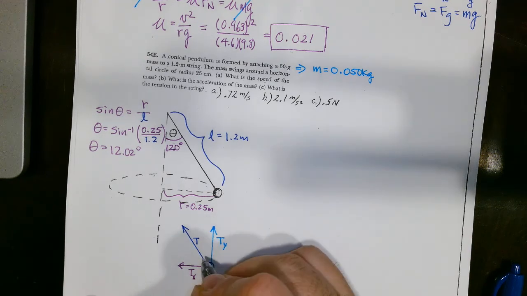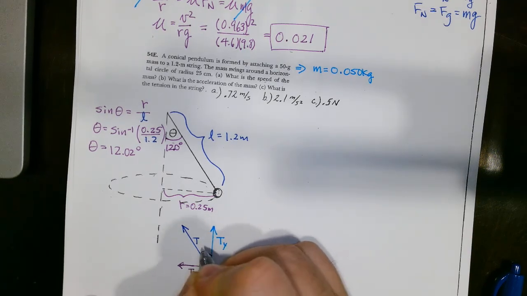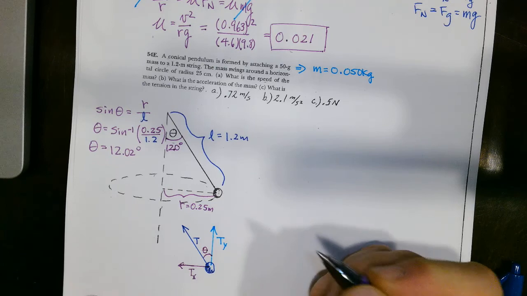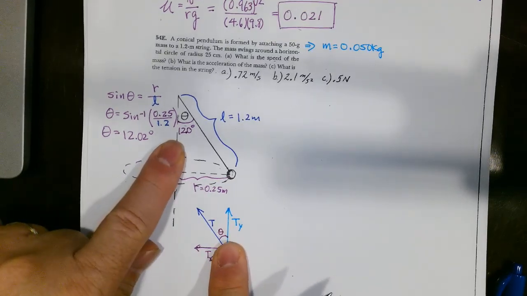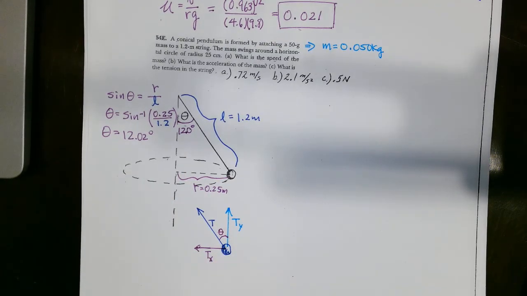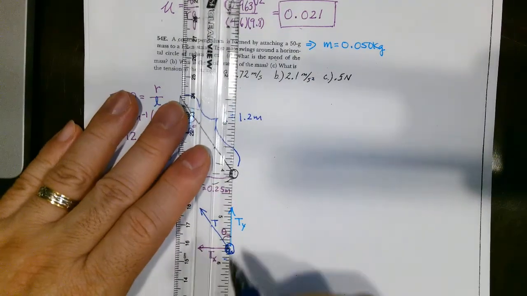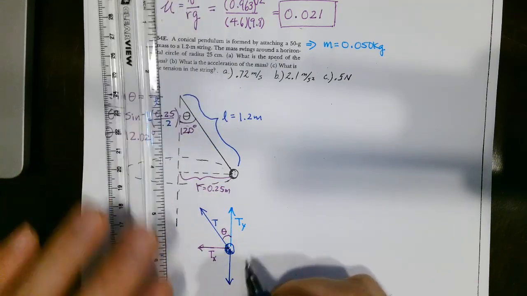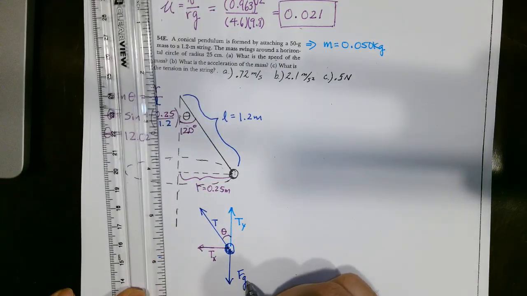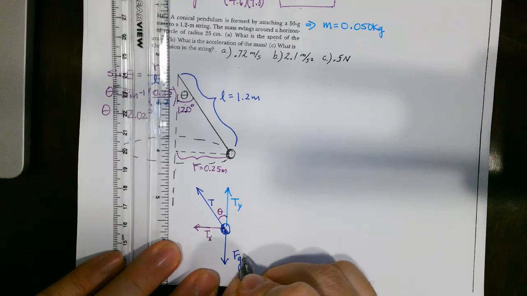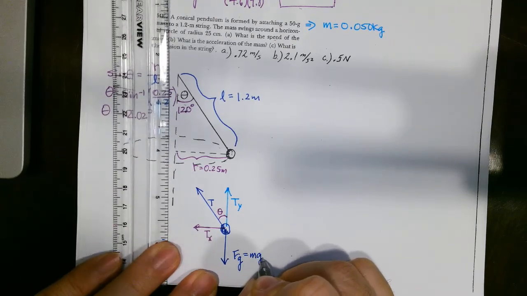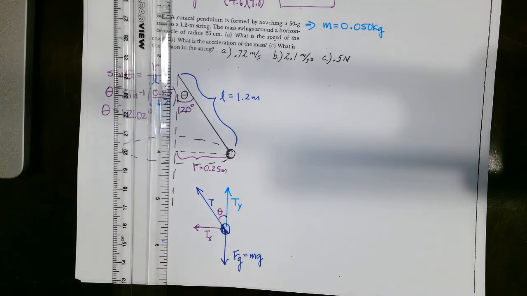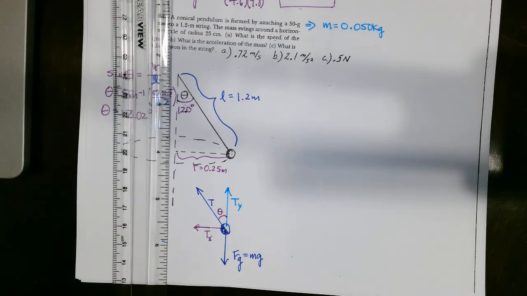And this angle here is theta, which is 12 degrees. And of course, I have Fg going straight down. And we know our Fg is just mg.